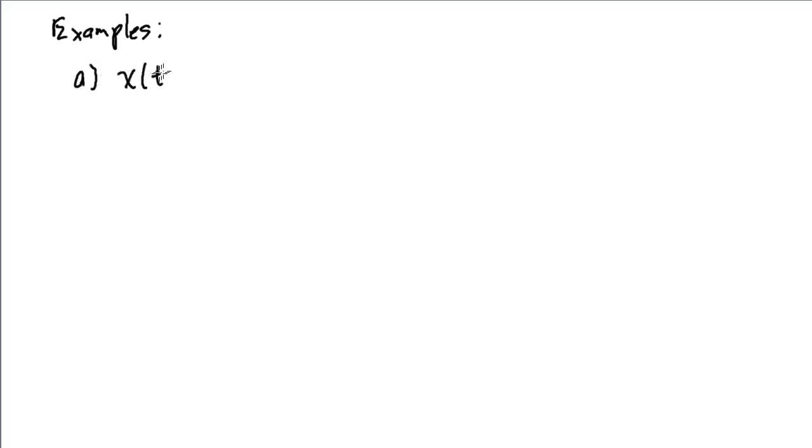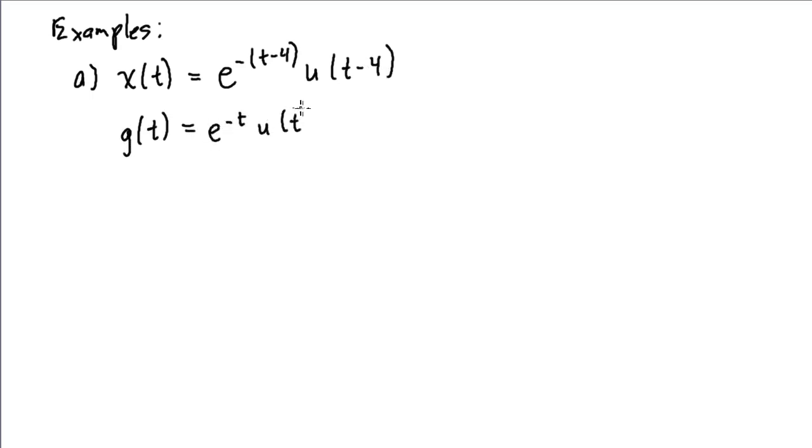So, for example, if x of t is e to the minus (t minus 4) times u of t minus 4. This one's straightforward. A related unshifted function would be g of t equals e to the minus t u of t, and the corresponding Laplace transform from our table, I think we did this by direct integration last time, is 1 over s plus 1.